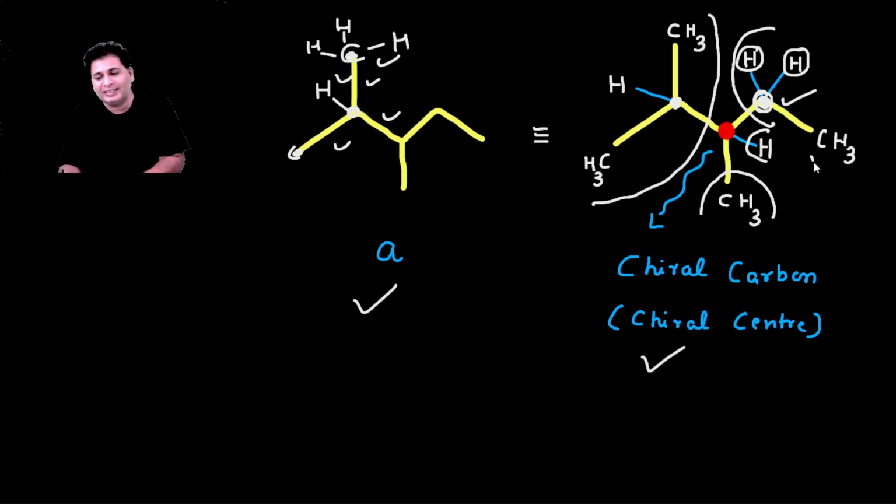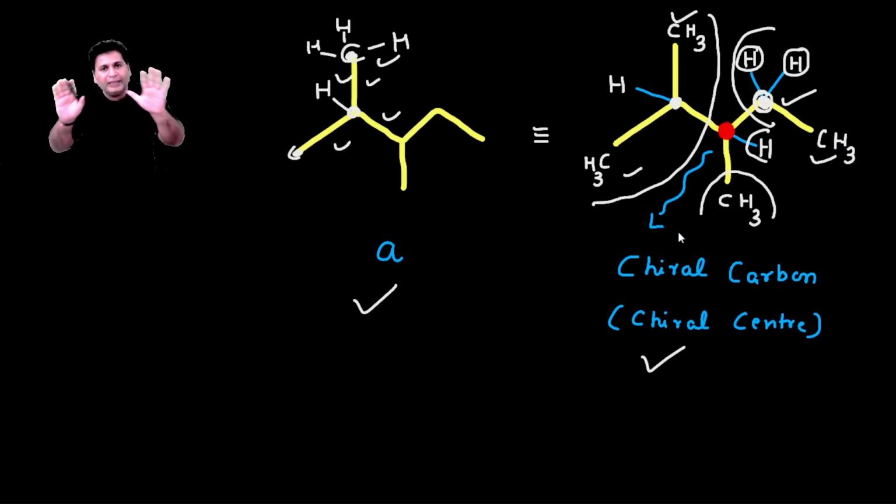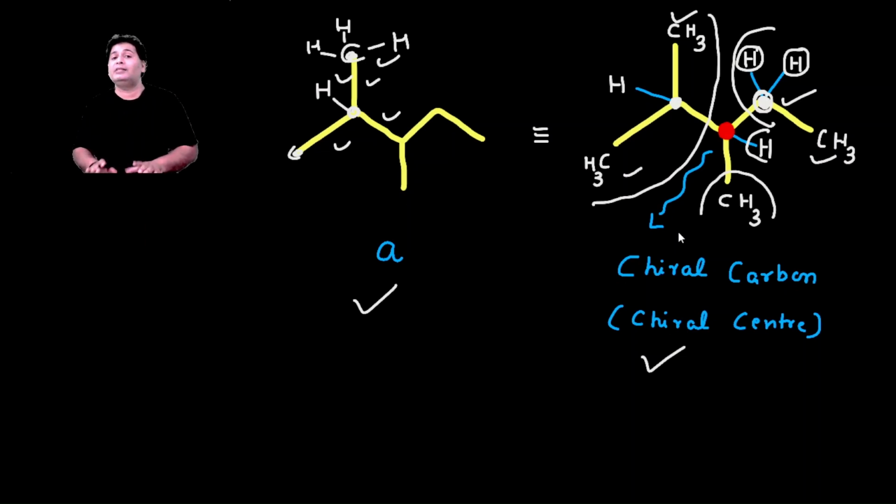Similarly, you can see CH3, 3 are same group, here CH3, here CH3. So altogether if you count, you get just 1 chiral carbon in this compound. So here we have obtained number of chiral carbon as 1.